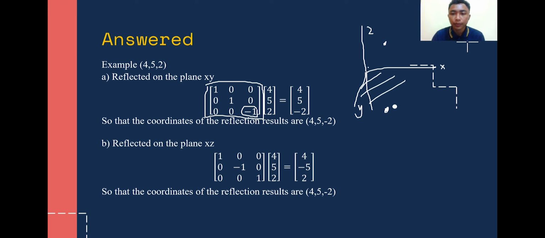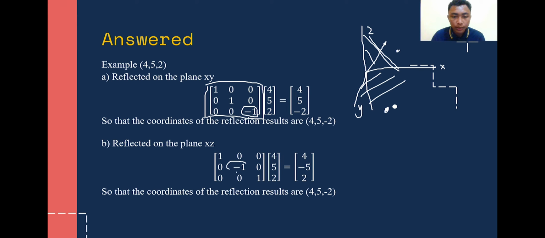This is the same as the reflection across the plane x, z, but the depth is different, like this. This is the plane we will reflect across. So this point will change to this point, so the value y will be negative.